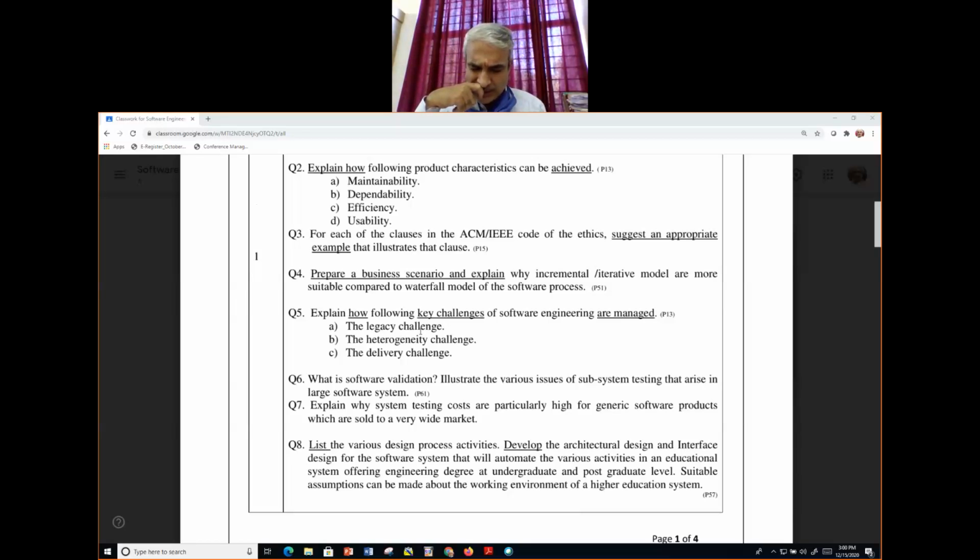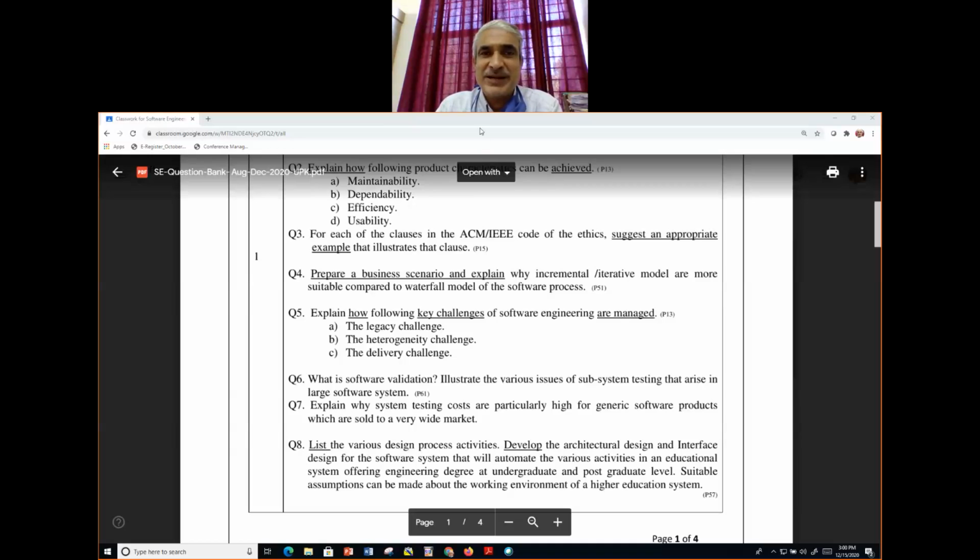For example, the heterogeneity challenge: it is the challenge of developing techniques to build dependable software which is flexible enough to cope with heterogeneity. Product heterogeneity, software heterogeneity, device heterogeneity, language heterogeneity, a lot of things. So you have to go for the distributed environment. Are you getting it?